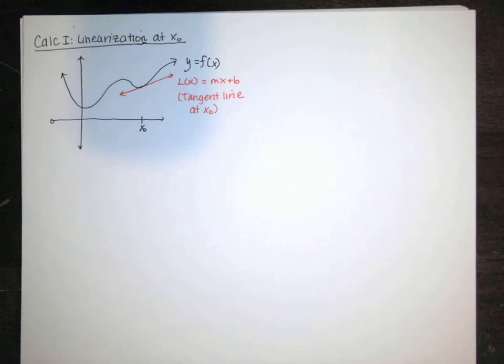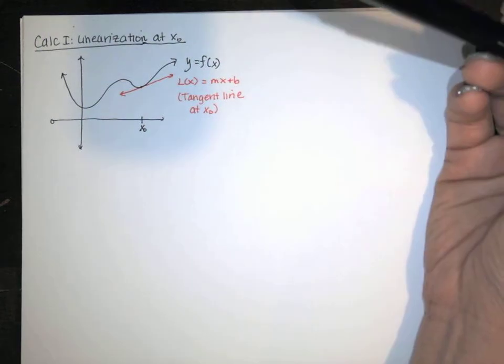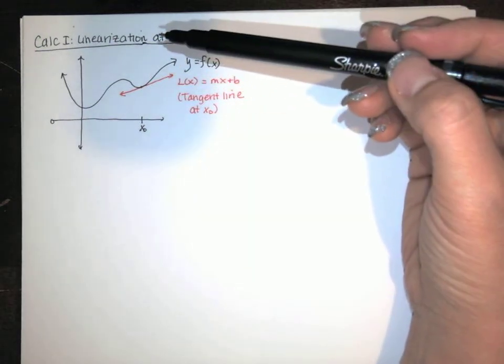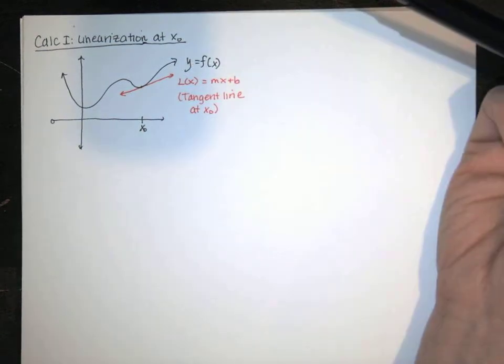We came up with a formula involving derivatives, and it looks very complicated, but really if you had already been calculating tangent lines, which you probably had at that point in Calculus 1, you weren't doing anything new. I just gave you this very involved looking formula to write down the tangent line, but really, linearization and tangent line are the same thing. Say, okay, well, why do they even talk about it this way then? Well, they talk about it this way because often we're interested in a linear approximation to the function at a particular value.